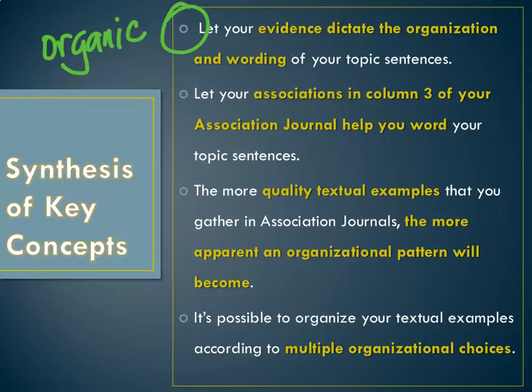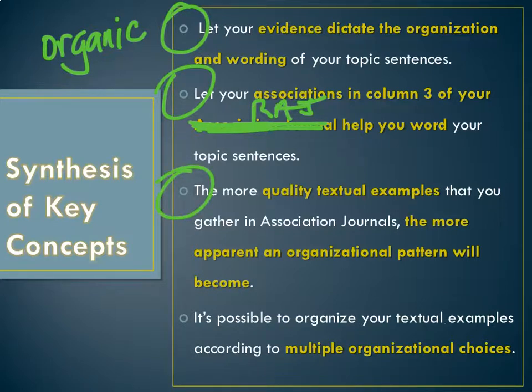Let your associations in column 3, that should say rhetorical analysis journal, in your rhetorical analysis journals, really help you word your topic sentences. You've done this thinking already. Let that thinking help you craft your sentences.